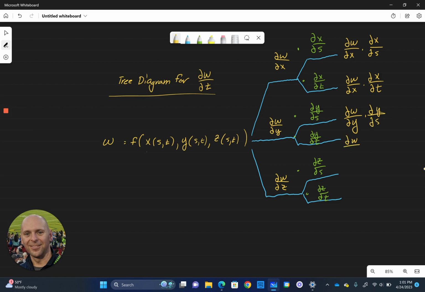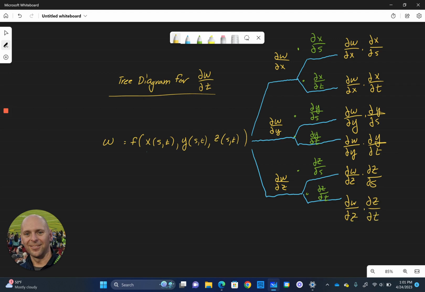Partial of w with respect to y times partial of y with respect to t. And on our last branch here, we have partial of w with respect to z times the partial of z with respect to s. And the last one, partial of w with respect to z times the partial of z with respect to t. Whew, okay, we made it.